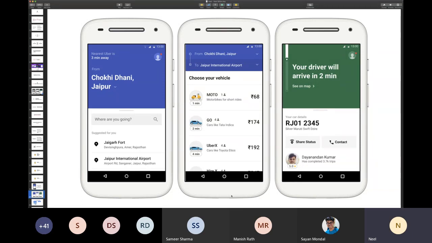It does not have other features that the Uber app might have today, which are not required for these people to start using Uber's services. So this is one version of the app that Uber built specifically for India, so that a lot of people who could not download the standard Uber app because of the limitations we've discussed before could still experience what Uber is like.